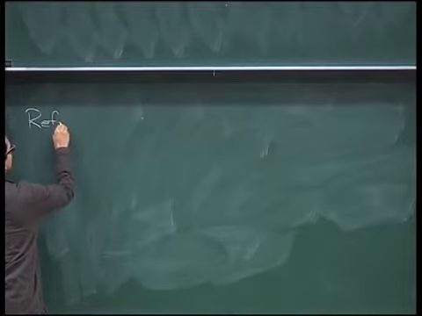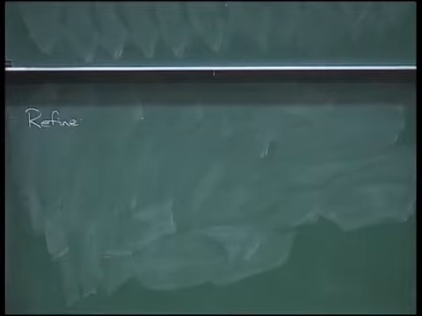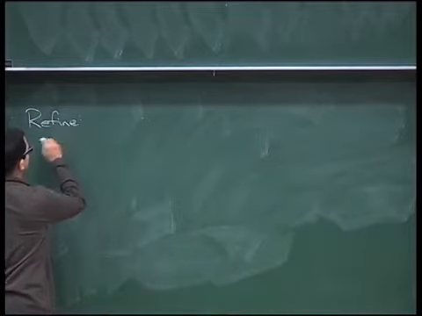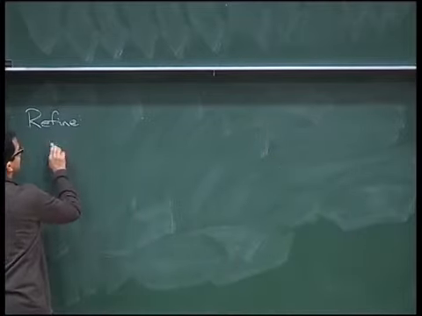And the refinement is this. Instead of looking at all holonomic D-modules, if we look at only the ones that obey a condition called regular singularities. So here's the restriction.